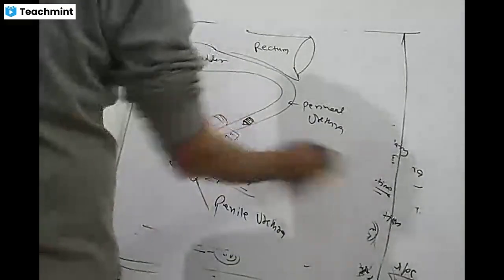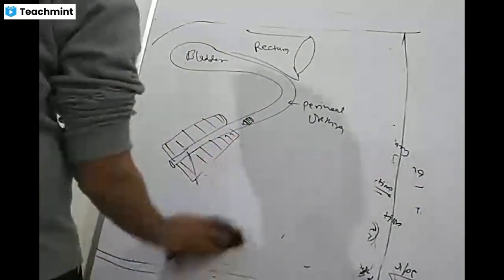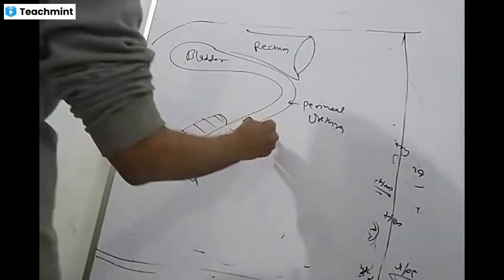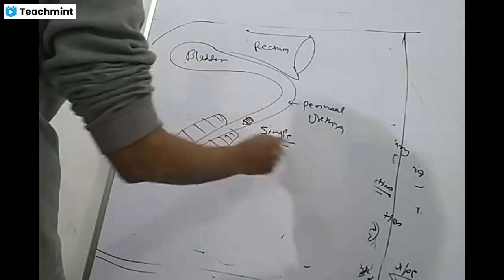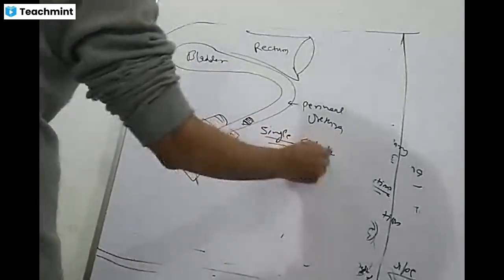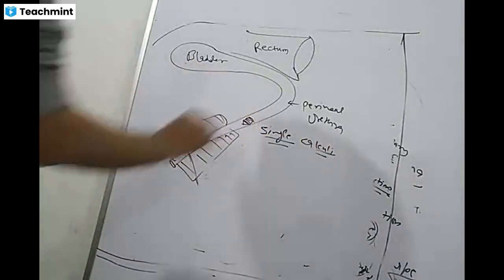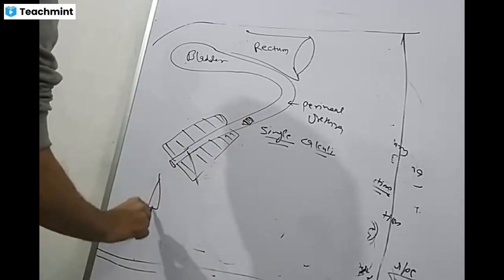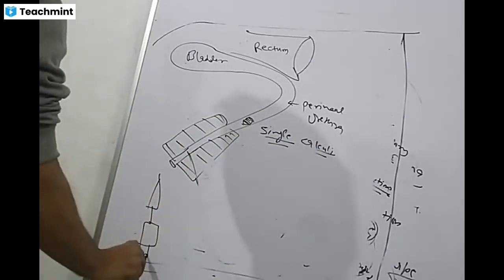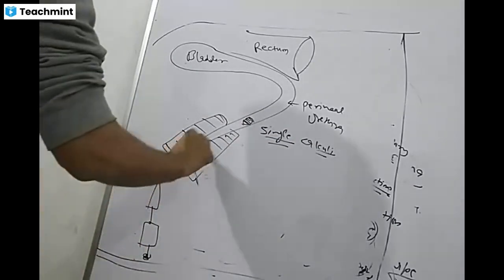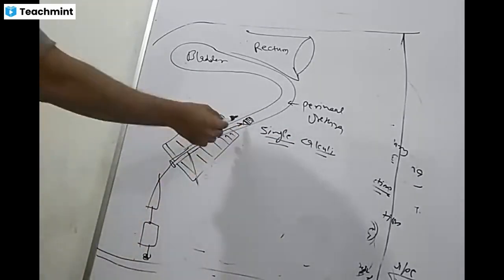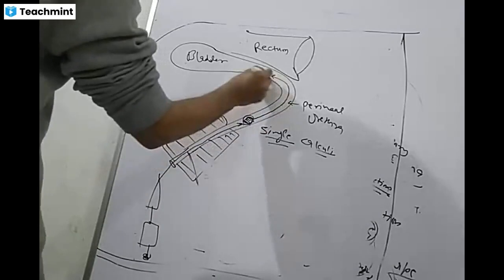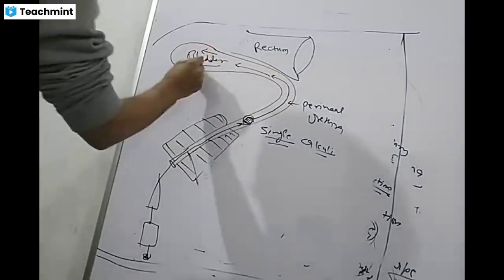So what is our next step? The next step, if we know that there is a single calculi, it is better we can use one catheter, and with the help of this catheter we will try to push this stone back into the bladder.